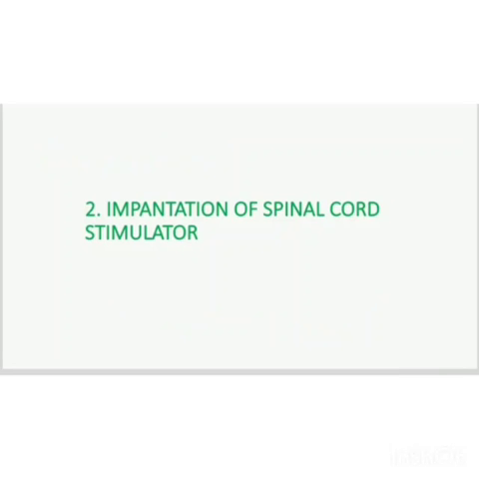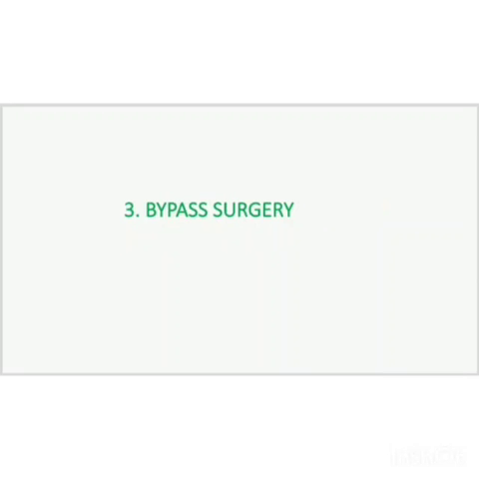Next is implantation of a spinal cord stimulator. Here, implantation of a spinal cord stimulator can improve distal blood flow, reduce pain, and decrease the rate of amputation. Third one is bypass surgery.